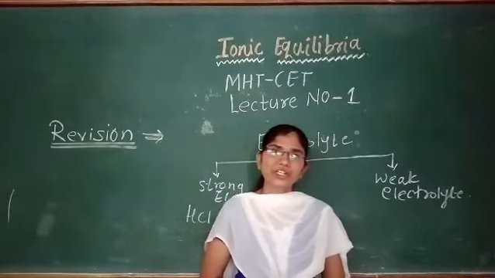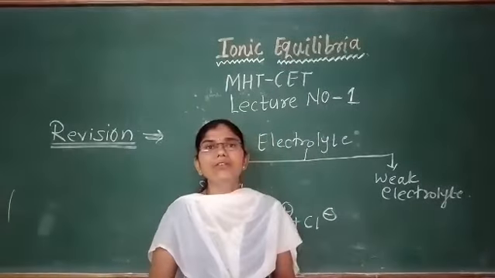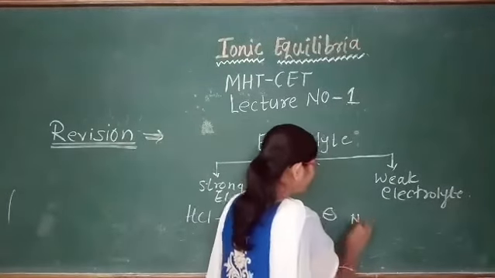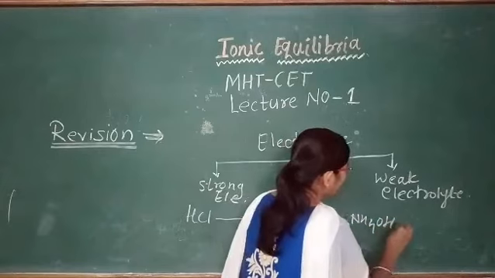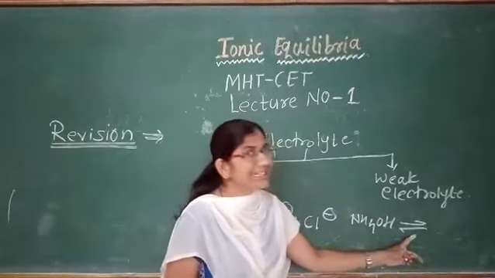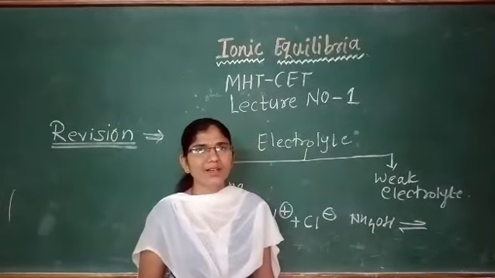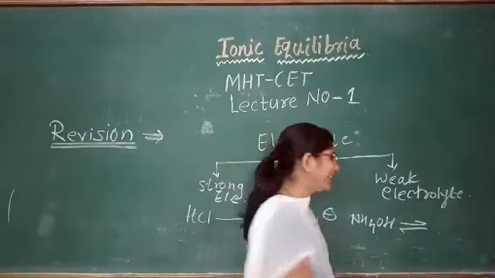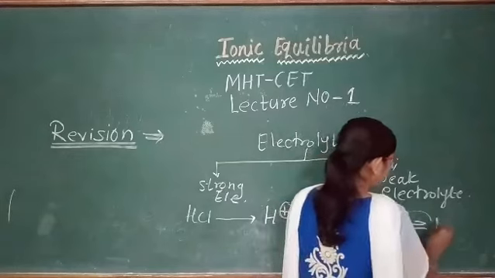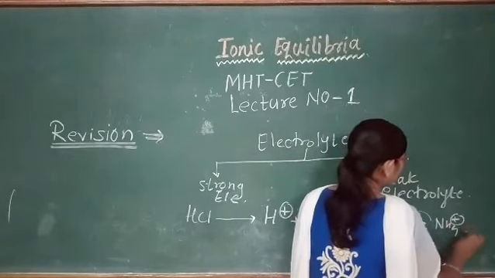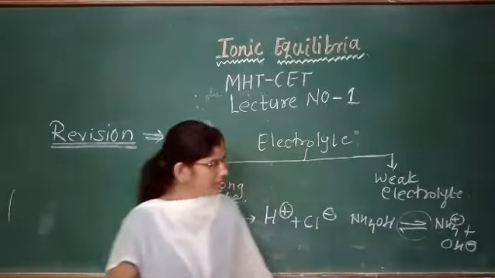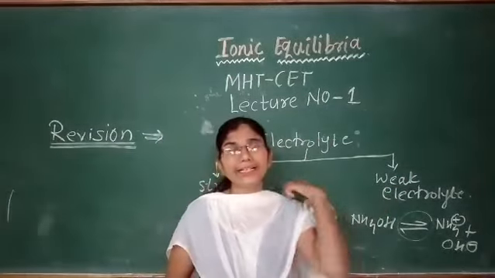For example, NH4OH dissociates partially or incompletely, and it is indicated by this arrow, and it is written as NH4 plus and OH minus. This is one example of a weak electrolyte.